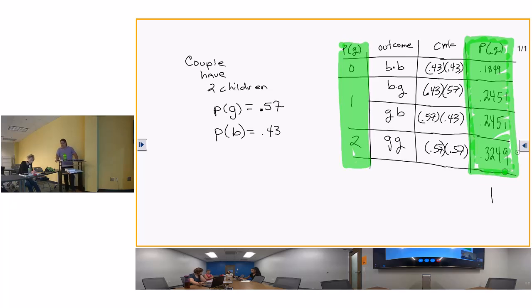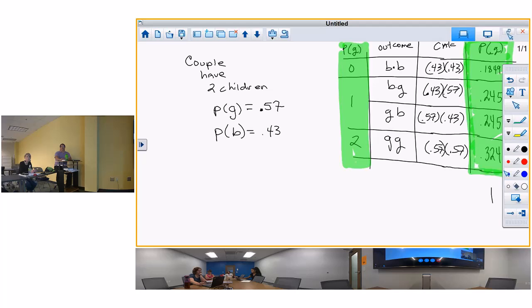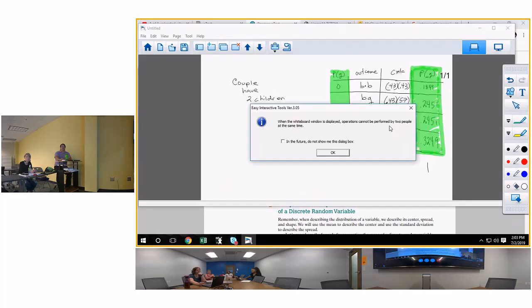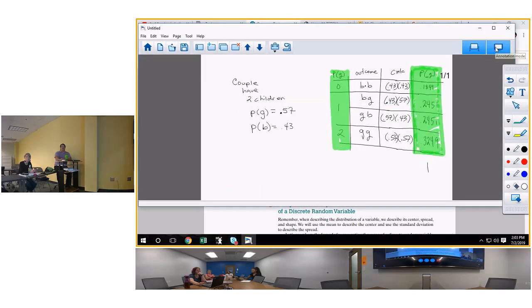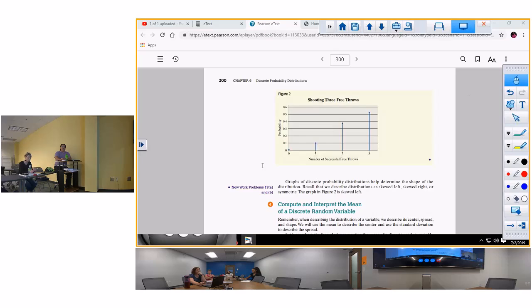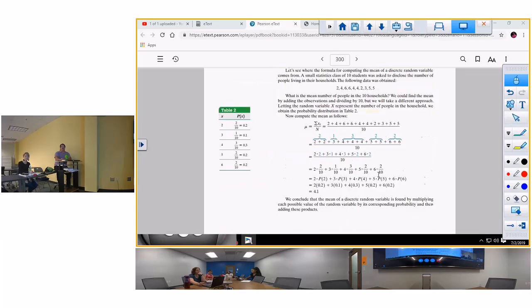That's what it's made of. So in 6.1, when you see these probability distributions, that's how you find them.